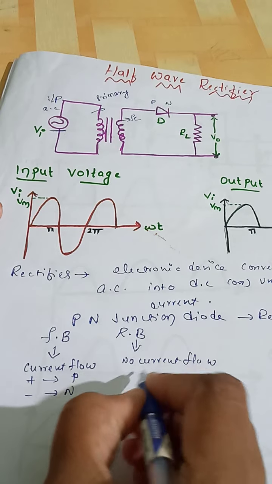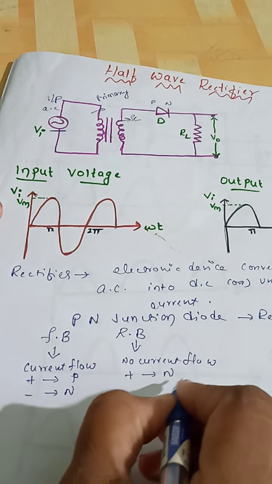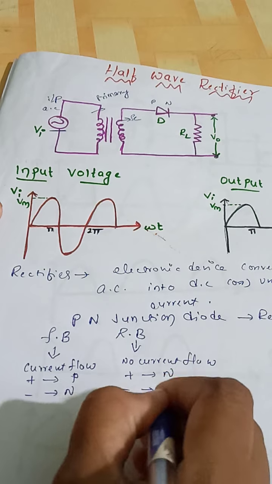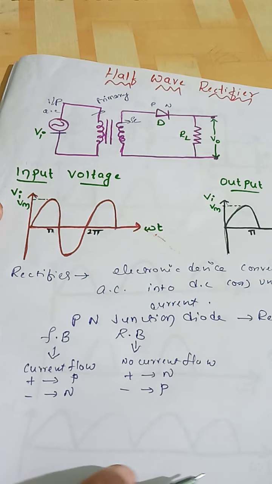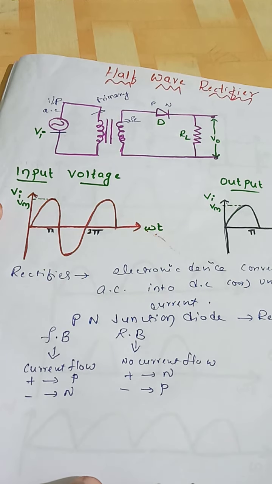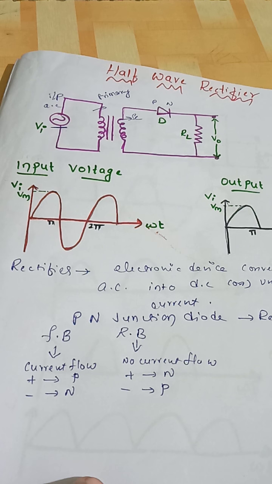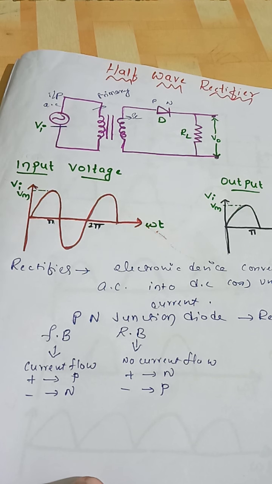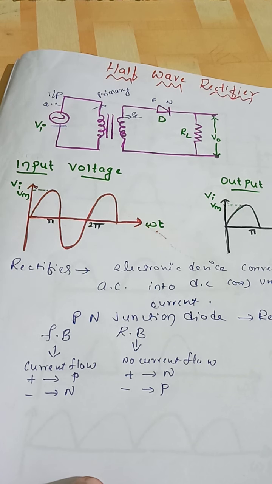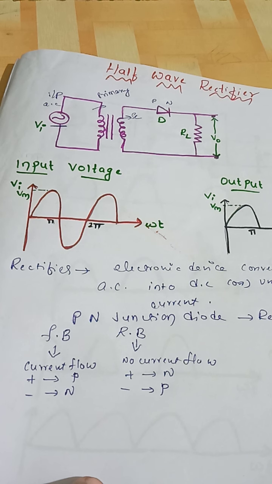Here, positive terminal is connected to the N and negative terminal is connected to the P-type semiconductor. Due to such biasing, potential barrier increases and no current flows in reverse biasing. So in forward bias only we will find the current. In reverse bias there will be no current.